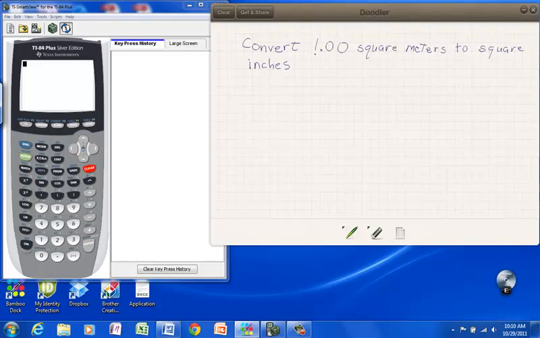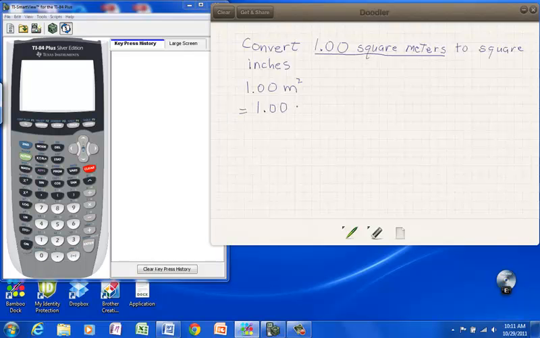So again, we'll start off with this information, 1.00, and I'm going to write square meters as meters squared. Now on our conversion sheet on page 297, you will not find square meters, you just find meters. So we're going to actually rewrite this one more time.